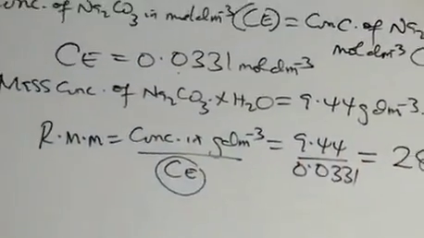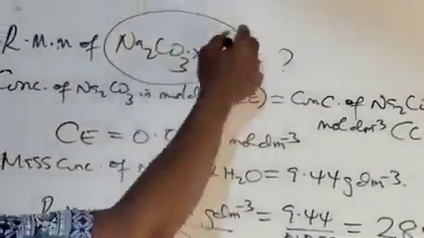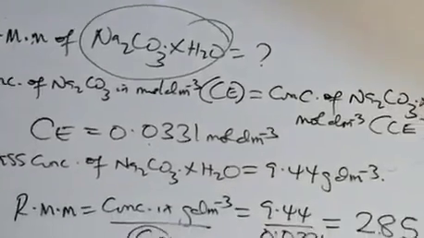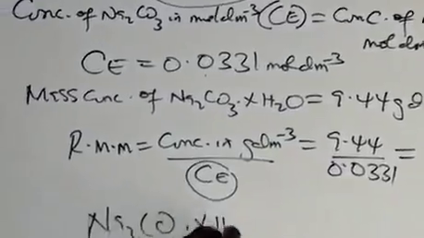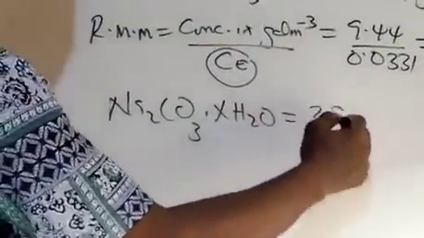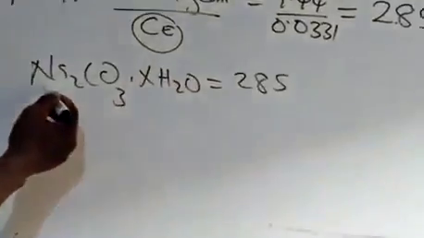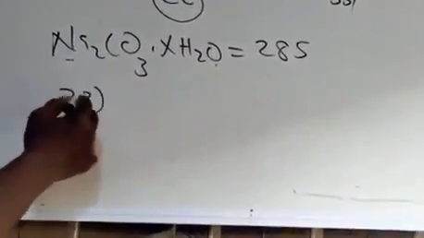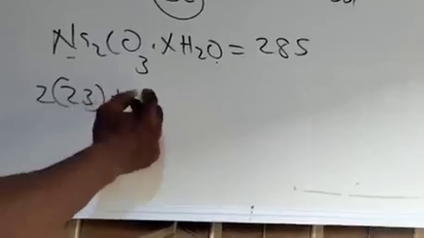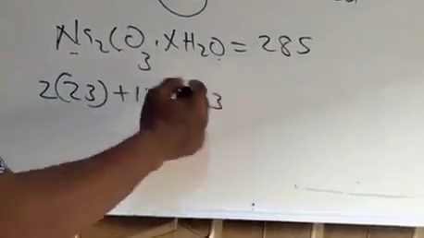So having done that, we're looking for the value of S. That means the weight of this compound is 285 grams. We now say Na2CO3 dot S water equals 285. We now calculate S. To evaluate S, we replace all these elements with their atomic masses. Sodium is 23 multiplied by 2, carbon is 12, 1 atom, oxygen is 16 multiplied by 3 because of 3 atoms.